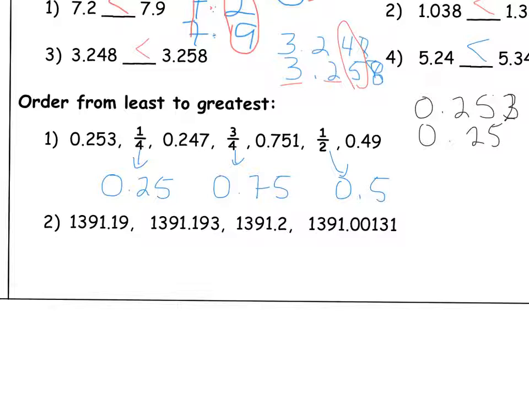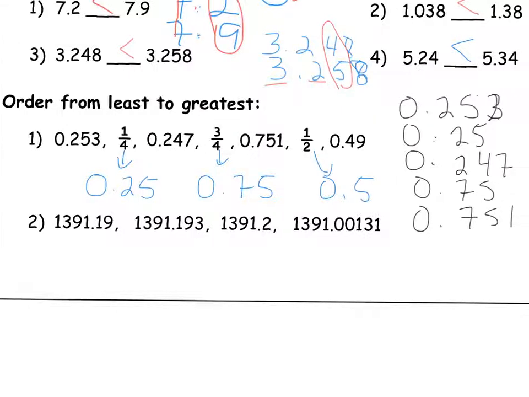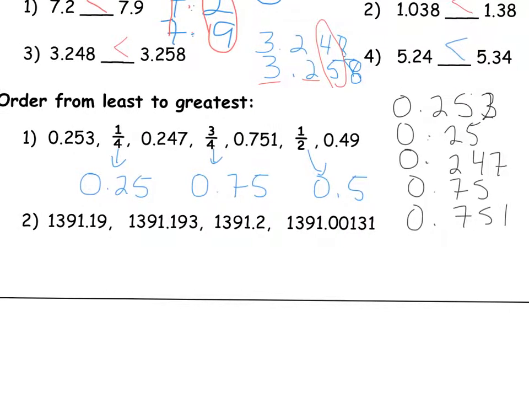And then 0.247, and then 0.75, 0.751, and then 0.5, and then 0.49.